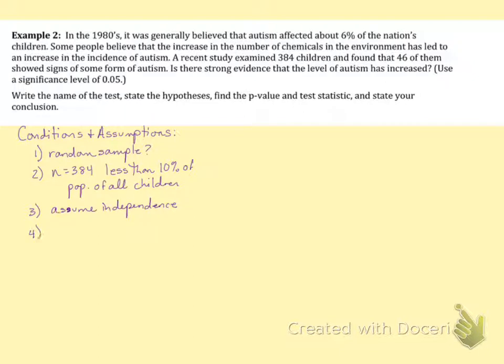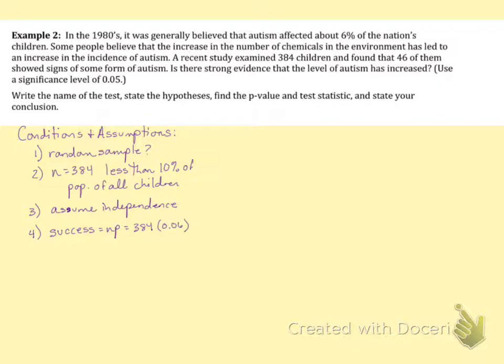Number 4 is our success failure condition. We saw this same condition when we were doing confidence intervals. We need at least 10 successes and at least 10 failures. Our successes, remember, equal n times p. In this case, our sample size is 384, and the population proportion is 6%.